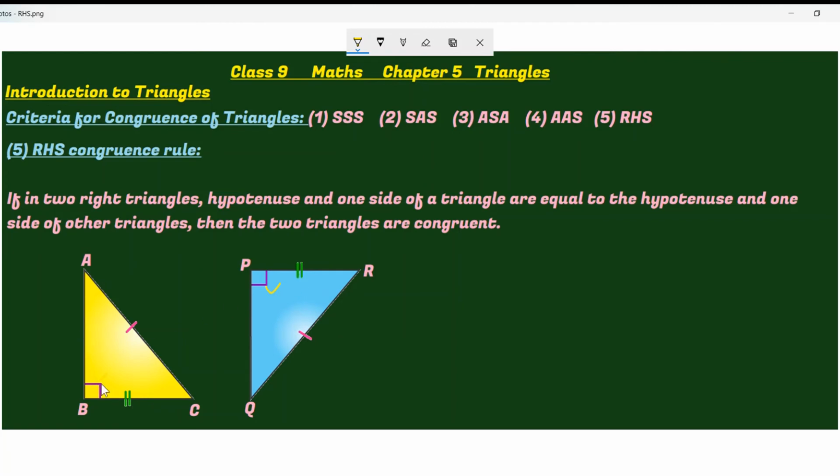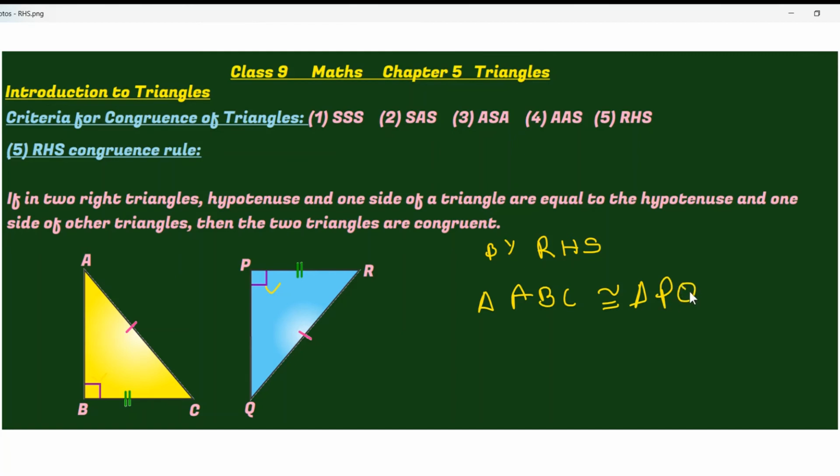If the hypotenuse and the corresponding side of one triangle are equal to the hypotenuse and corresponding side of another triangle, then we can say by RHS rule, triangle ABC is congruent to triangle PQR.